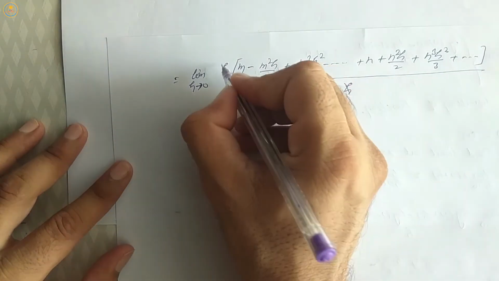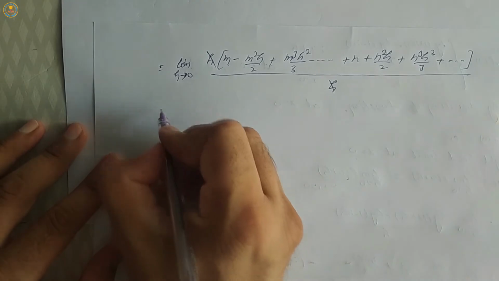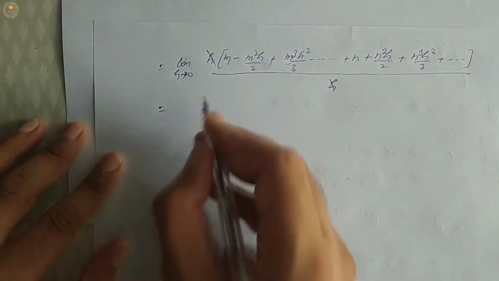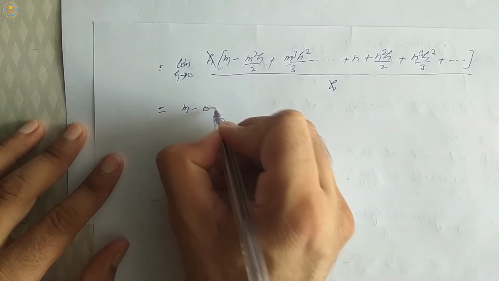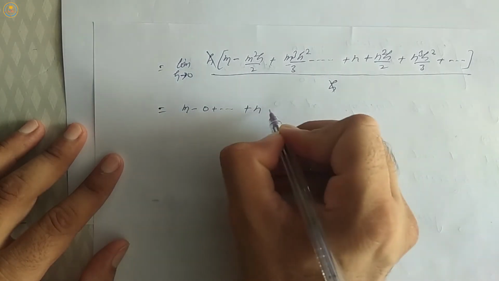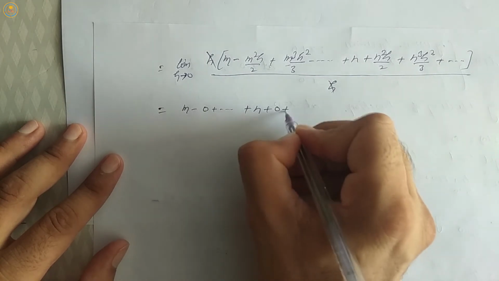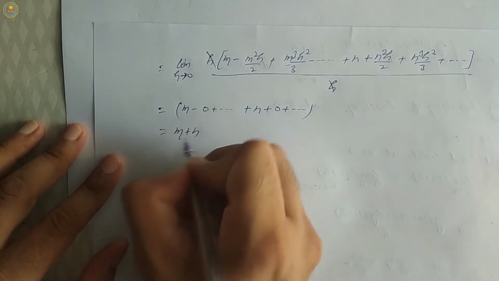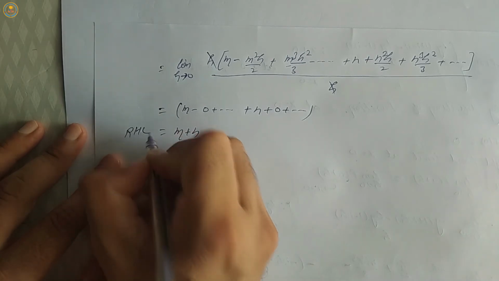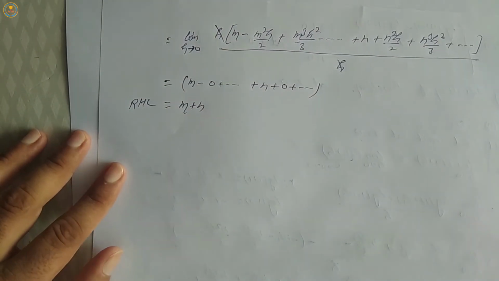Okay, h cancels out, and h is equal to 0. It means m minus 0 plus and so on, plus n plus 0 plus and so on. Okay, it means m plus n. RHL is equal to m plus n.